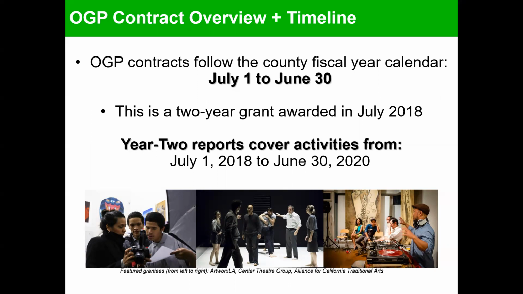So we are aware of that and are definitely going to be flexible about the way that we are supporting you and the way that we are asking for information. Before I move on, these reports are going to be for activities that happen between July 1st, 2018 and June 30, 2020, the end of the second year of the grant funding.